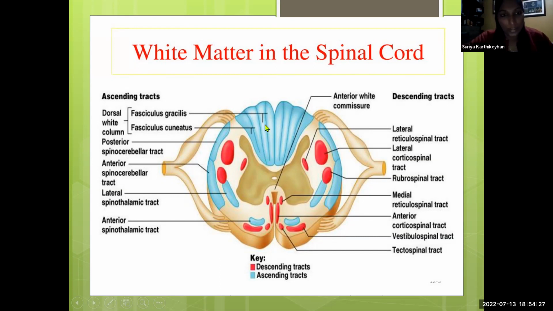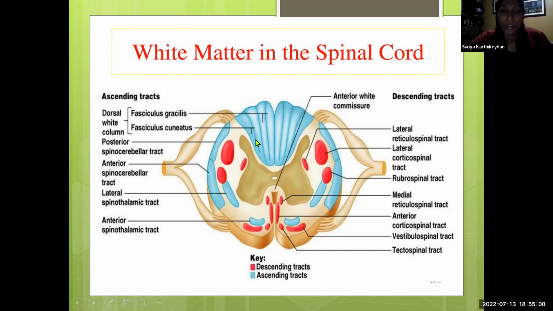The fasciculus gracilis carries sensory information. These are ascending tracts, and ascending means they carry sensory information. The gracile fasciculus carries general sensation from the lower limb, the lower part of the body, whereas the general sensation from the upper part of the body, the upper limb, is carried by the fasciculus cuneatus.